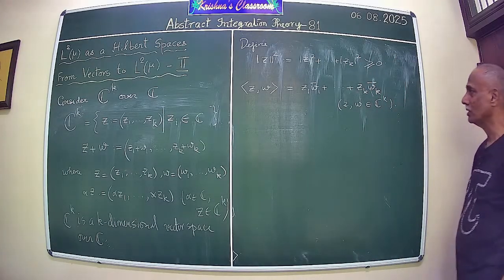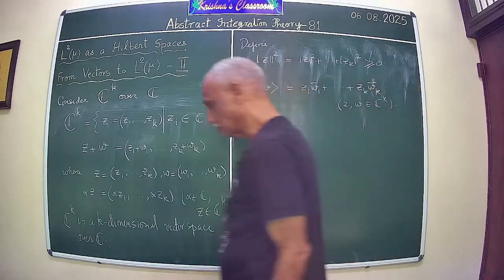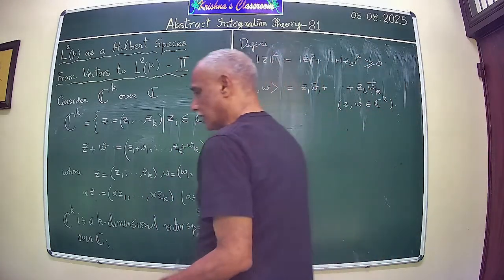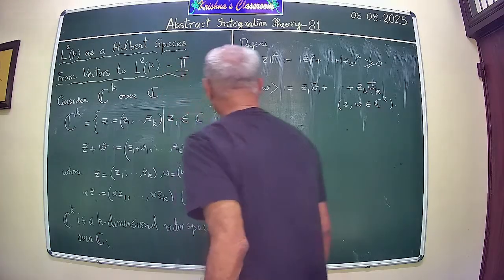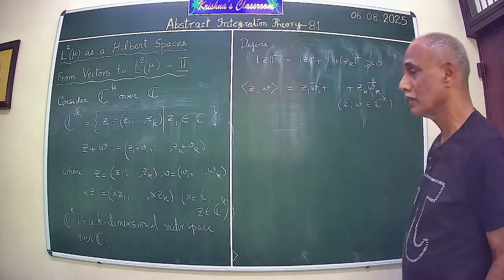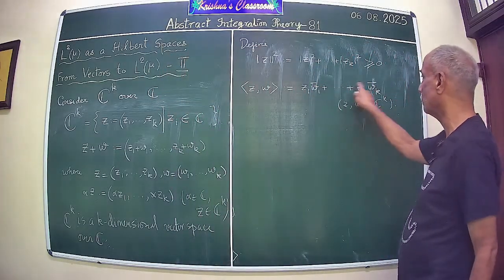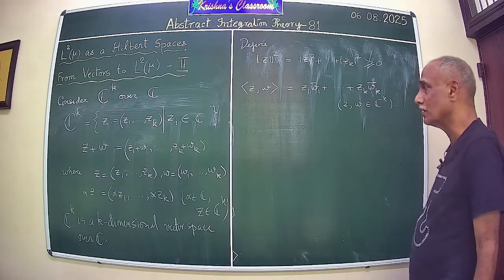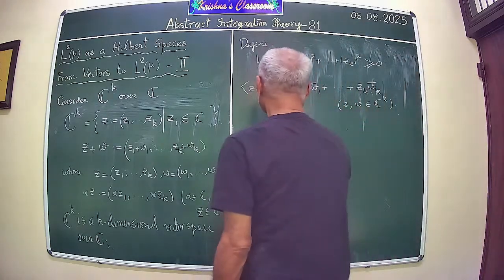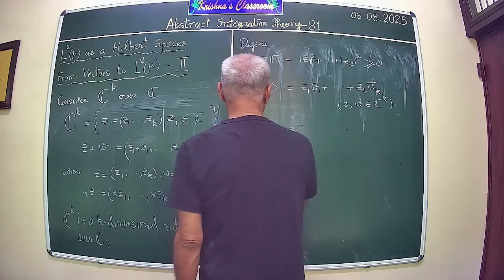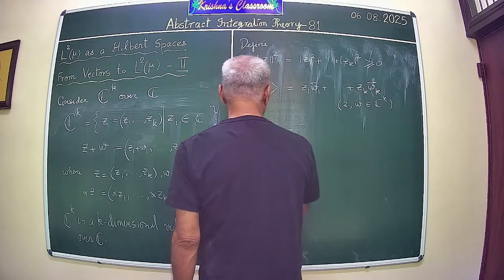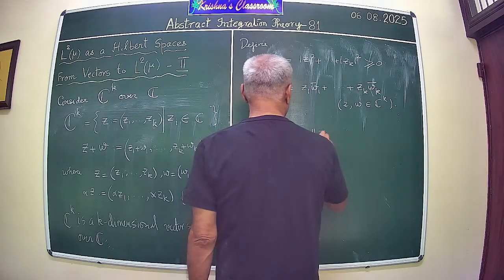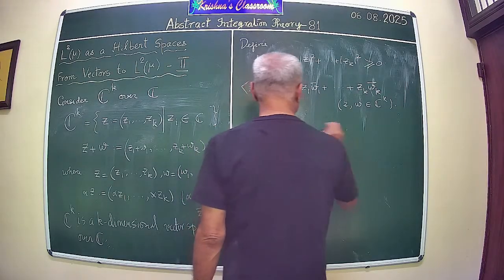And you see that when Z is an element of Rk and W is an element of Rk, then this conjugation won't be there. So you get back the original definition. And from this, you will immediately see that this is true.